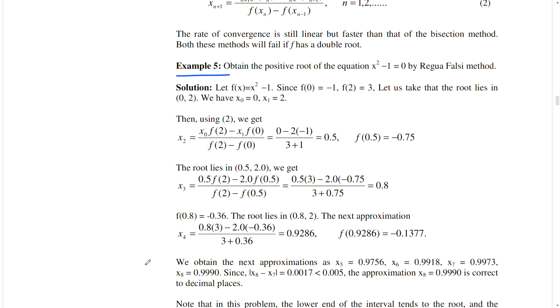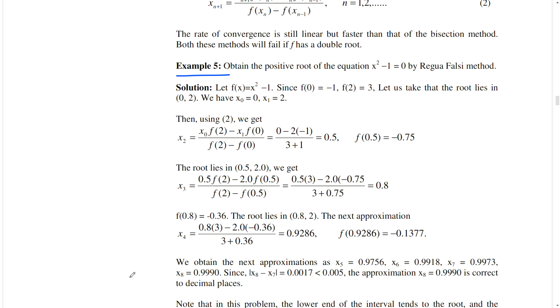We obtain the next approximations as x5 equal to 0.9756, x6 equal to 0.9918, x7 equal to 0.9973, x8 equal to 0.9990.